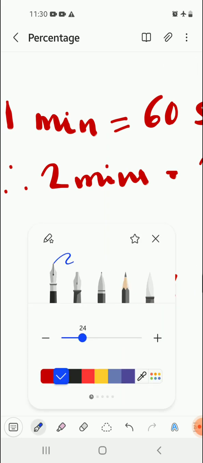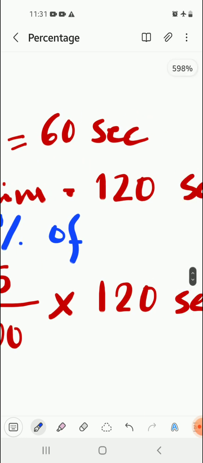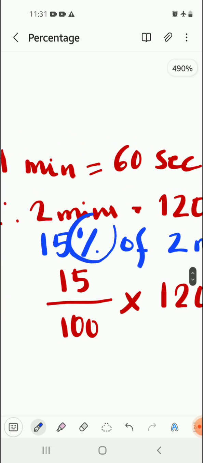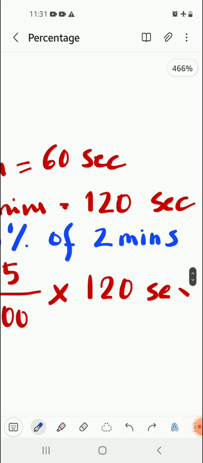Basically, see, in order to remember things, you have to find out 15% of 2 minutes. So, it is very simple. We know percent means divided by 100. So, we have written 15 by 100. Of means into. So, I have given the into sign. And then last step, 2 minutes converted into seconds.